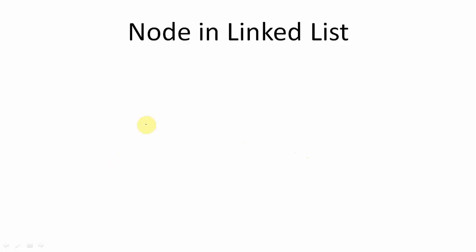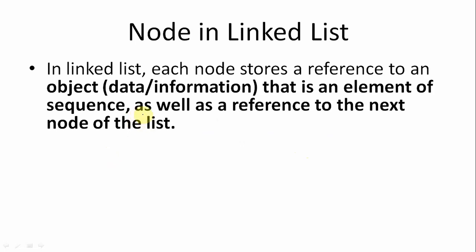So what is a node in a linked list? In a linked list, each node stores a reference to an object. In this object we will store data or the information that is part of the sequence, or an element of the sequence, as well as a reference to the next node in the list.